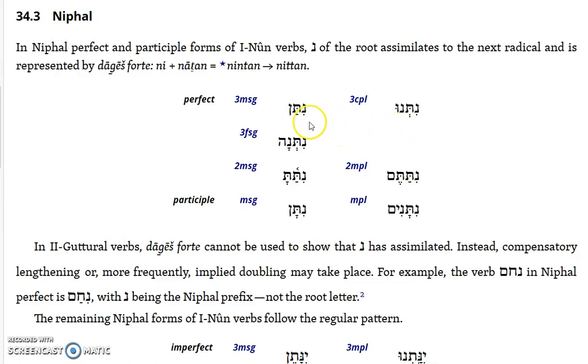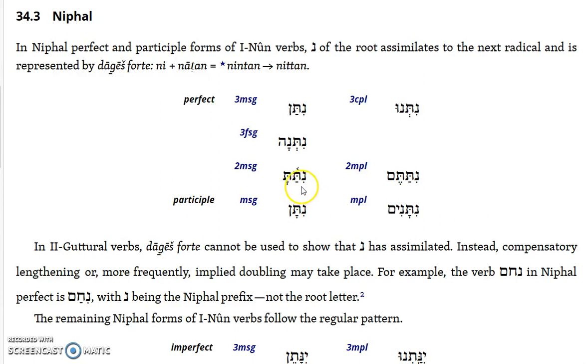But anyway, in these niphal forms, the nun assimilates into the tav with natan all the way through. And you'll also get the final nun assimilating into the endings in certain forms, like "you were given," it would be nittata, where the nun assimilates into the tav at the end. So you've got two assimilated nuns in this form.